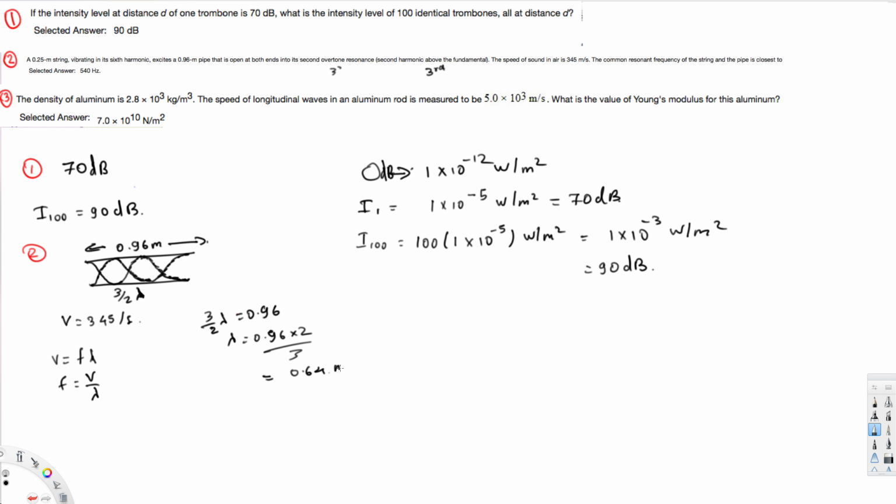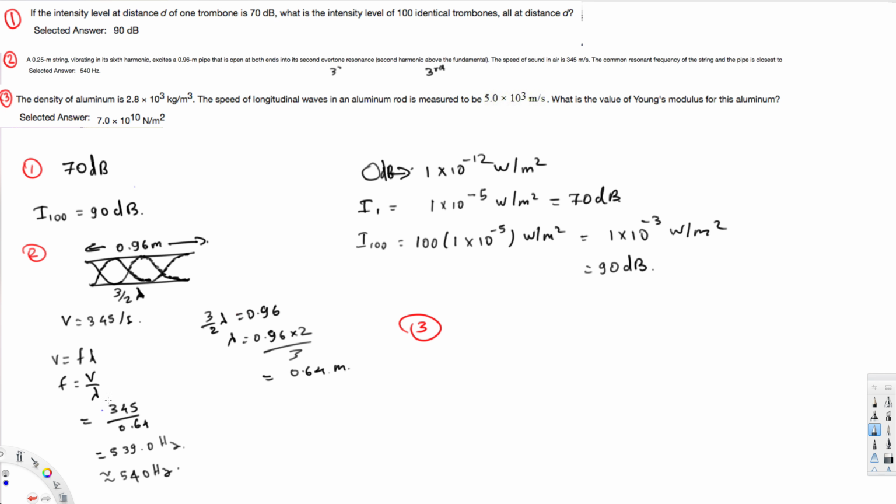Now we have the wavelength, so let's calculate the frequency. This is 345 divided by 0.64, which gives us 539.0-something hertz, and we can approximately say this is 540 hertz. That is the answer for the second question. Let's do the third question.